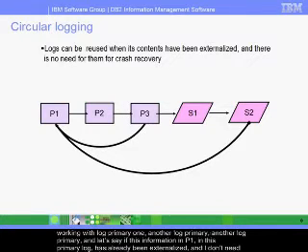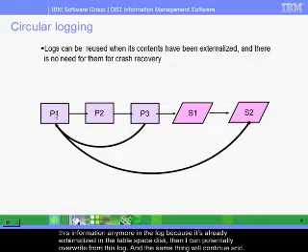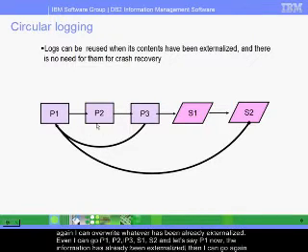Circular logging, again, works like this: you are working with a primary log, another primary log, and so on. If the information in P1, in this primary log, has already been externalized and I don't need it in the log anymore because it's already in the table space, then I can potentially overwrite it.